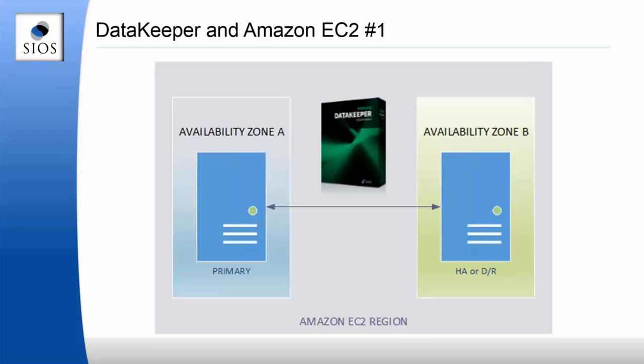So within a particular region, you can now create these similar types of solutions, granted not the Fusion IO part, but you can create, say, a Windows Server failover cluster, or even if it's just standalone SQL servers, right? You can use DataKeeper to make your disks that have the SQL Server databases available.